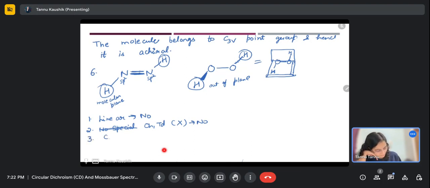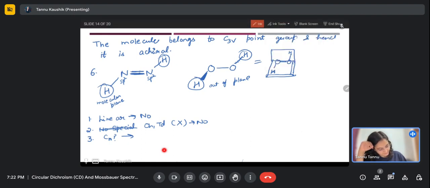Then what is the rotational axis present in the molecule? So here we have a C2 axis in this molecule.